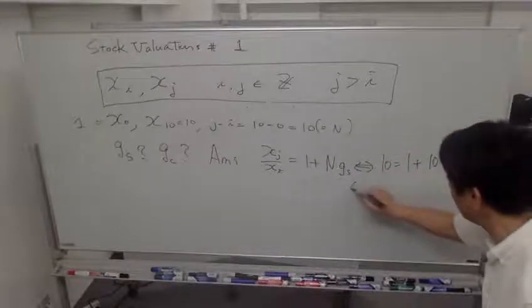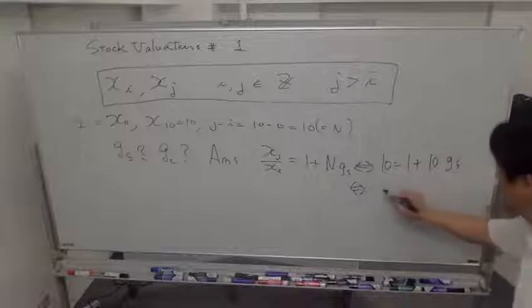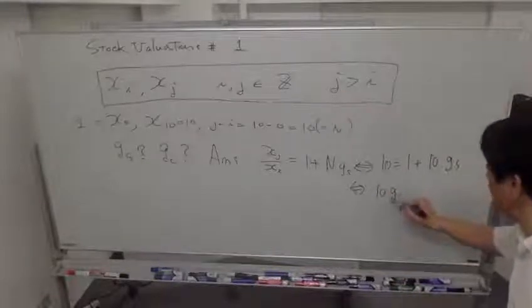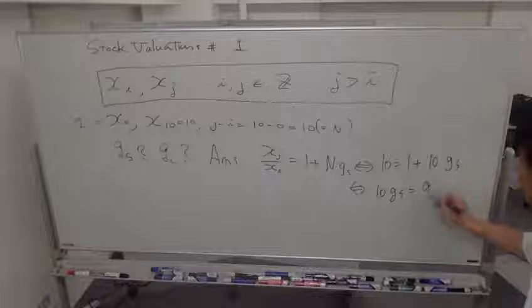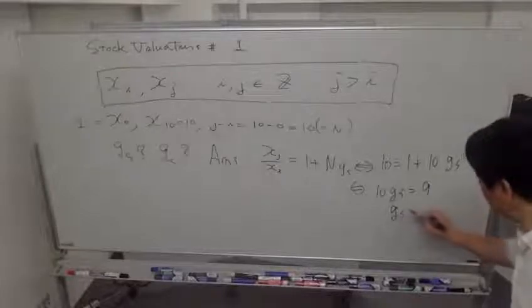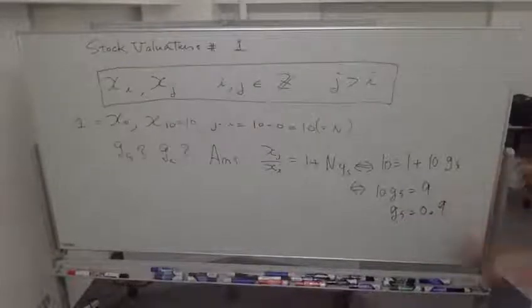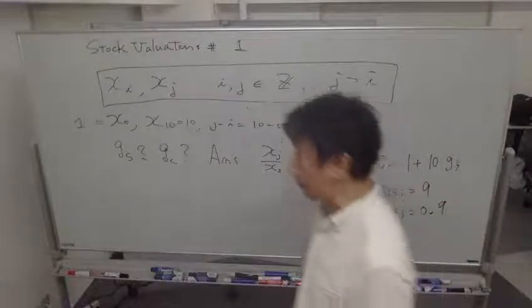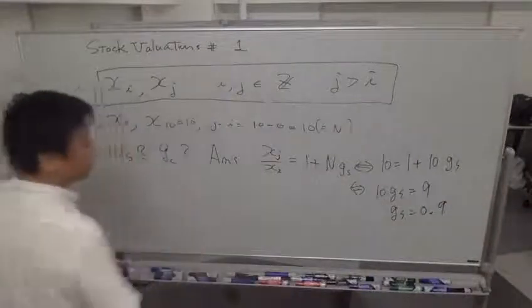So what's GS? GS goes to 9, like GS 0.9. So 90%. 90% is a huge number.